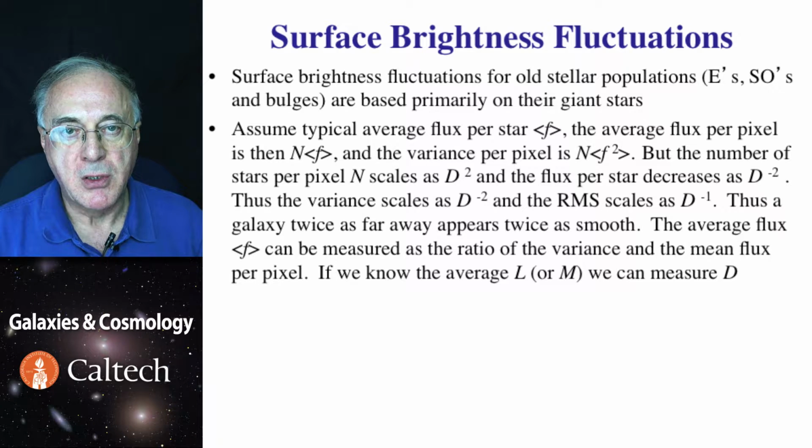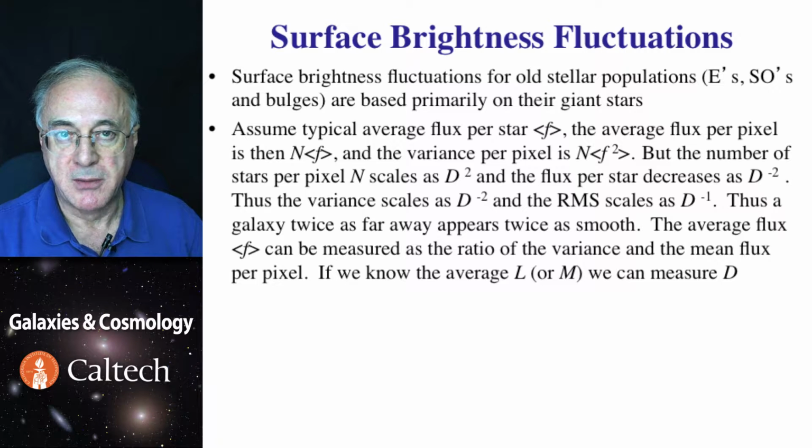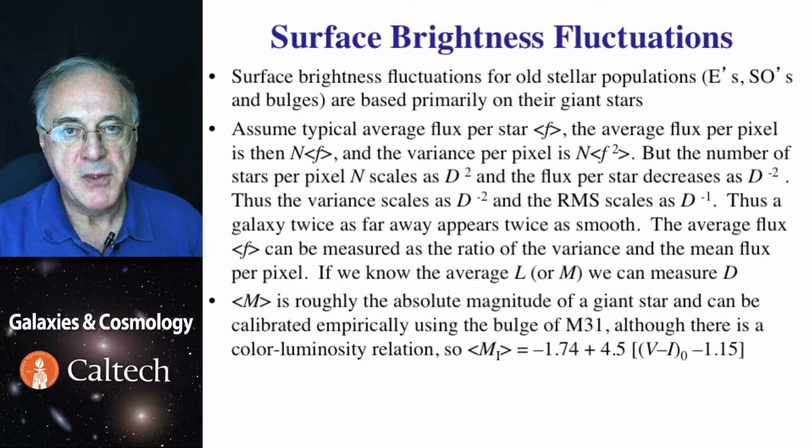So now if we actually knew what real luminosity is for an average star that corresponds to that average F, then we can determine the distance. Roughly speaking, the mean absolute magnitude corresponding to that mean flux F is the one at the top of the red giant branch. And we can try to calibrate that using the Andromeda galaxy, to which we measure distance using other techniques.